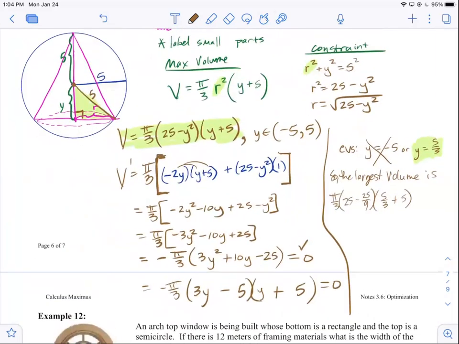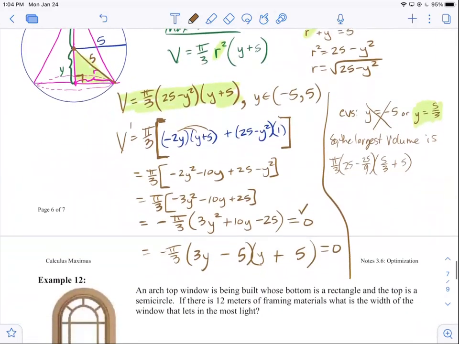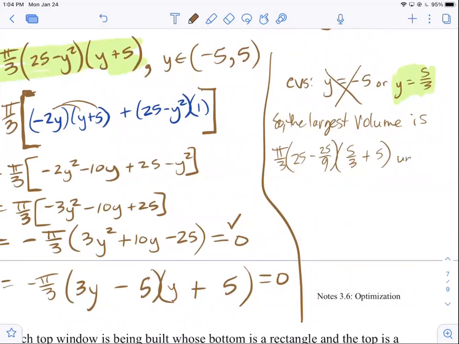And if there were units, are there any units? No. But if there were, I would put cubic feet, so units cubed. There you go.